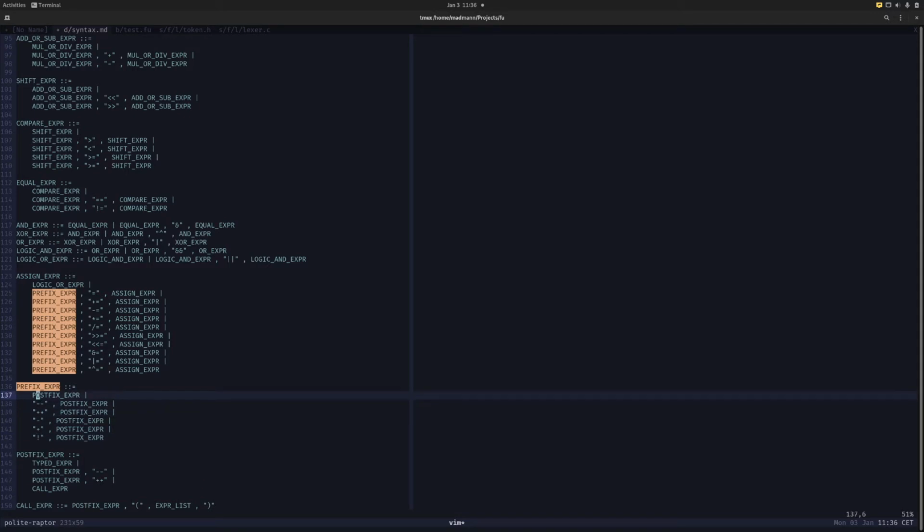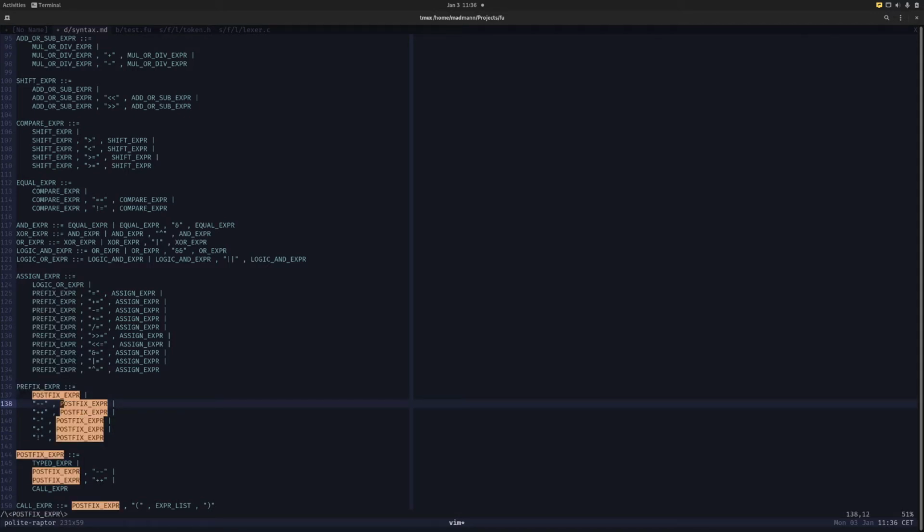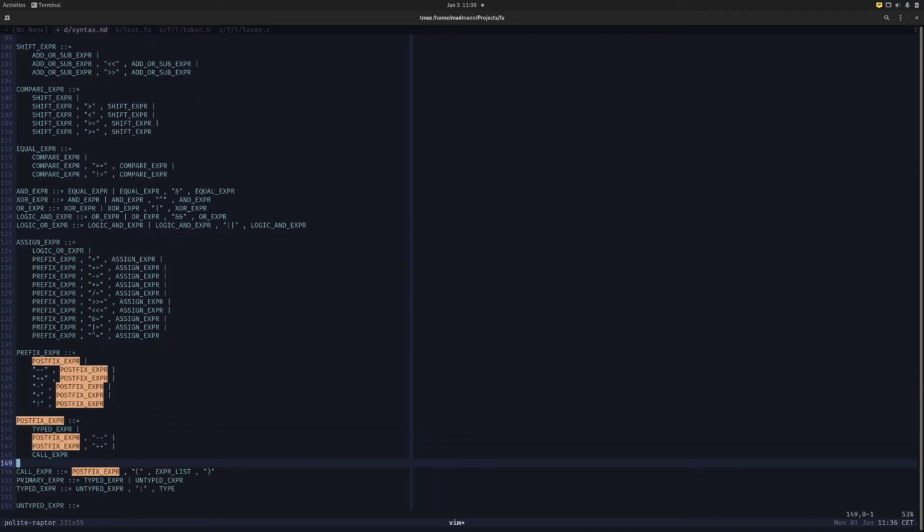And if it's not that, then it's a postfix expression. And a postfix expression is either a typed expression or a call expression, or a postfix expression followed by minus minus, or a postfix expression followed by plus plus. So there's a lot of options here to choose from.